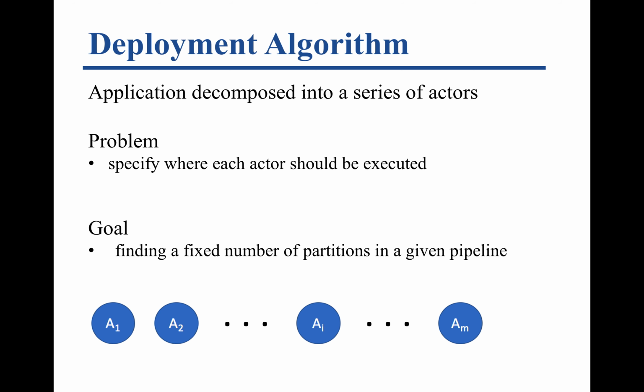In a given pipeline of actors, our algorithm will find a fixed number of partitions for the application deployment problem. And the number of partitions is just the number of possible deployment places.